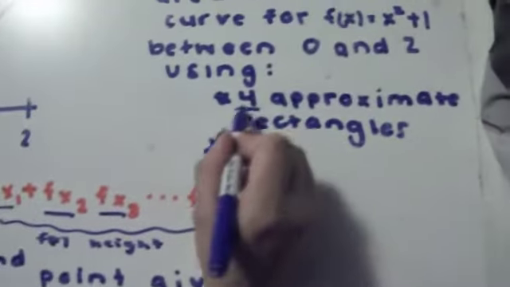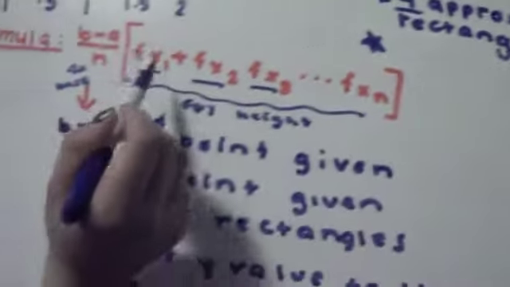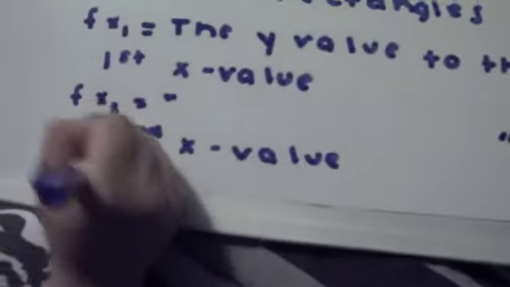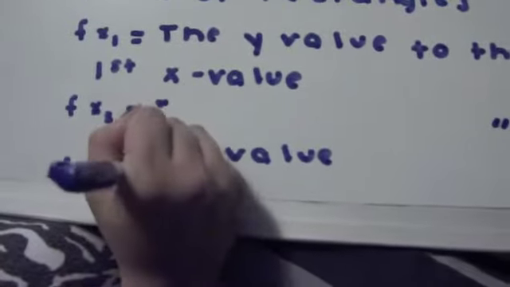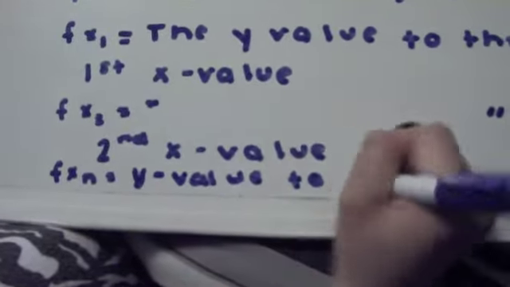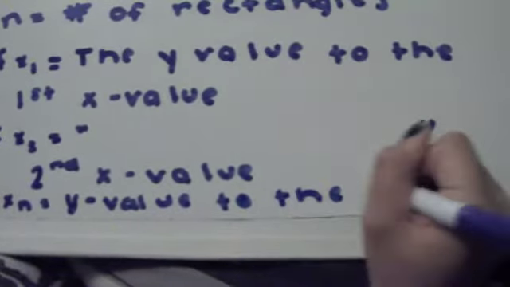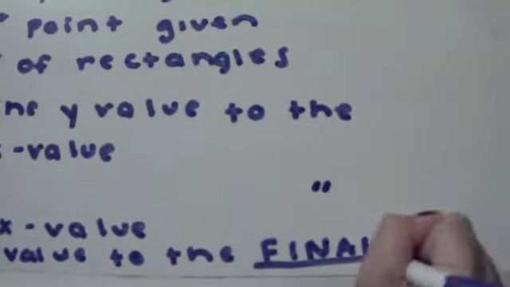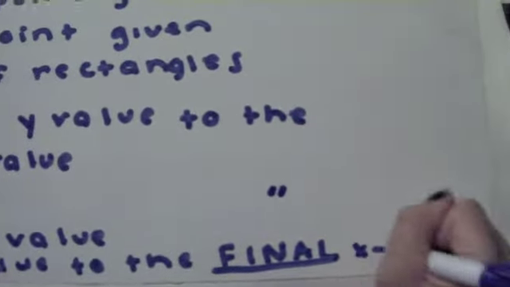So this one will have 4 subintervals, so it's going to be f of x the first, second, third, fourth. So f of x to the nth means your y value to the final x value that you have. That's all it means.